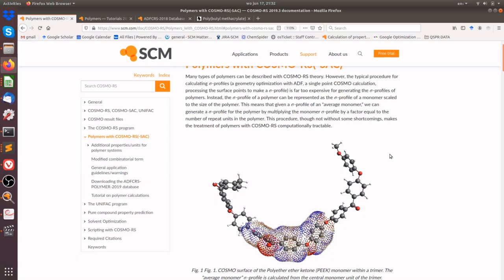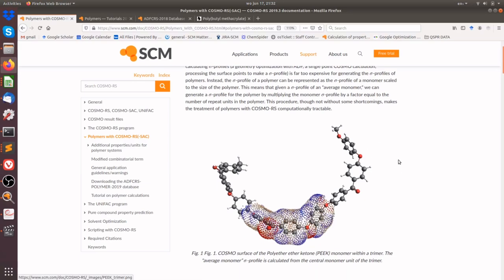Many COSMO-RS users are no doubt aware that the usual workflow for generating a sigma profile starts with a geometry optimization using DFT, for example, and then a subsequent COSMO calculation where you generate these surface charges, which eventually become the sigma profile.